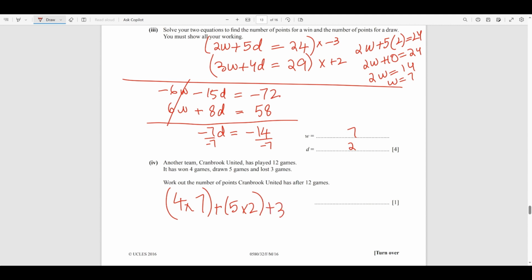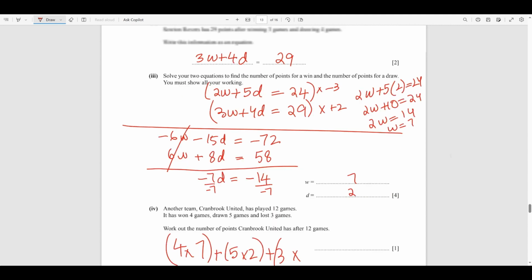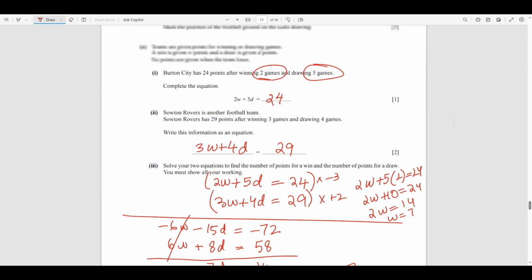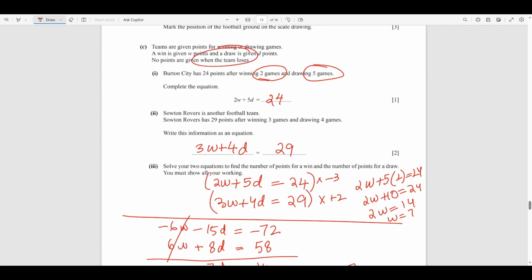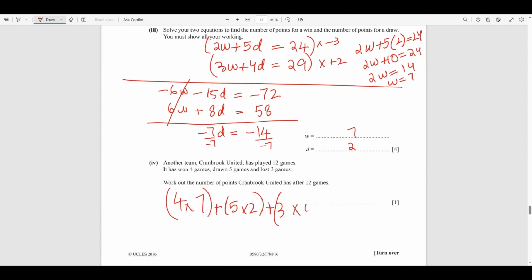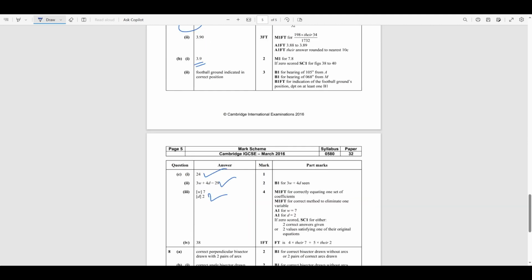Remember, the question said that there are no points if you lose a game. So 0. 4 sevens are 28 plus 10 more points, and then 0 points for losing. So it's 38 points. Yeah, okay.